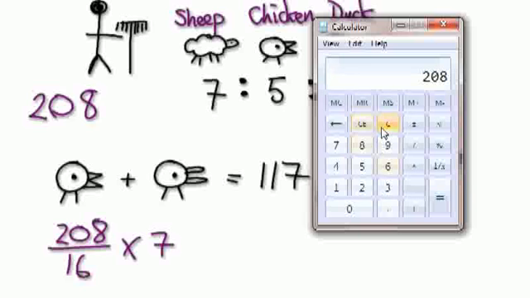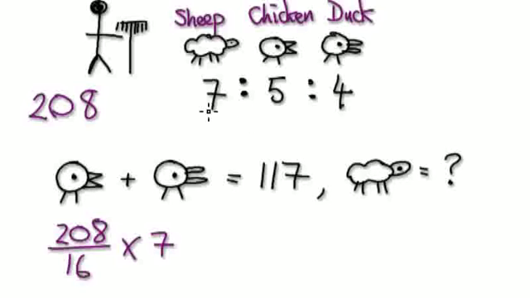So 208 divided by 16, cut up into 16 equal pieces, and then times 7. So the number of sheep would be 91.